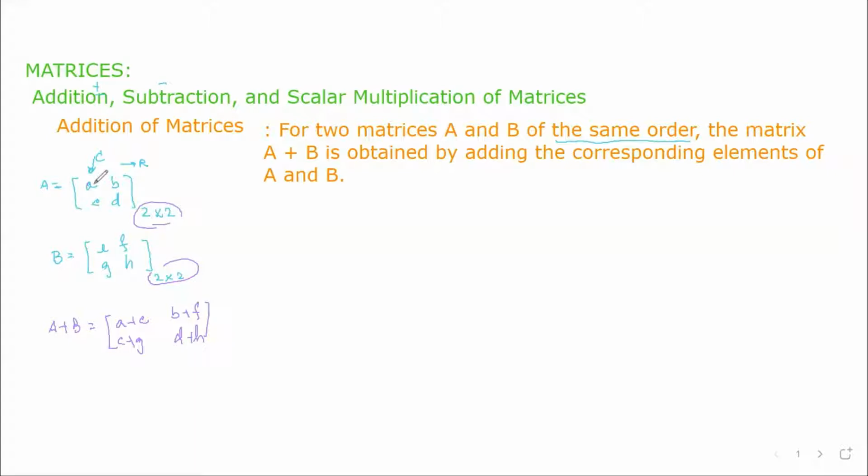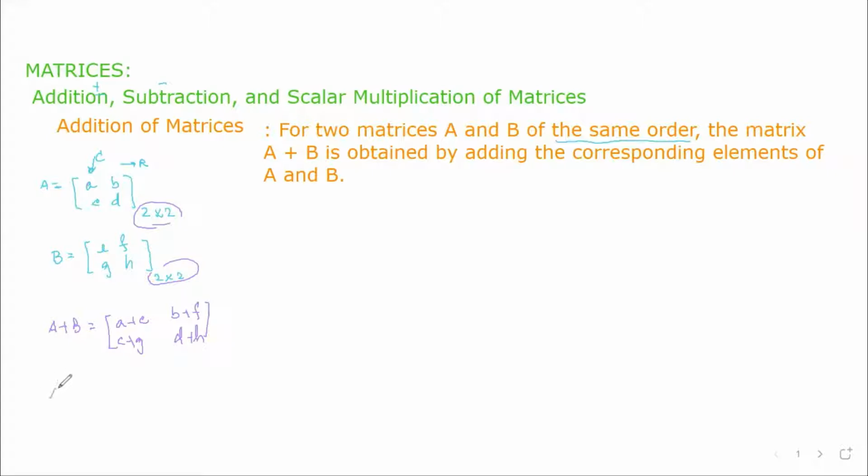So the elements A, B, C, D, E, F, G, H can be any number. That means any real number. It can be decimal, fraction, whole number, integer numbers. Then we call this addition and subtraction of matrices. So you can plus or minus.